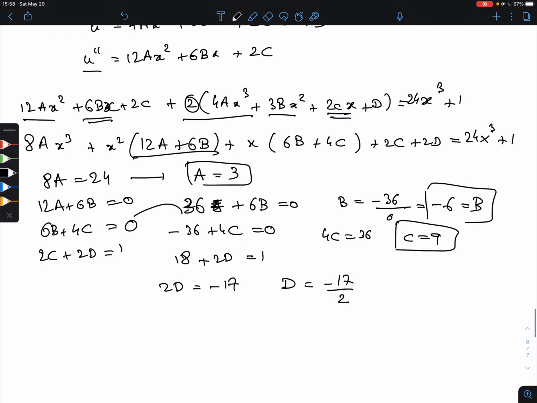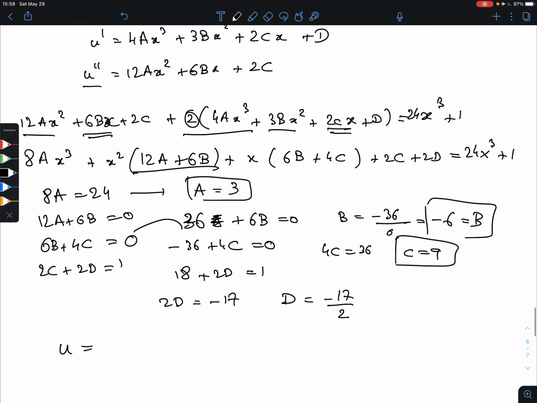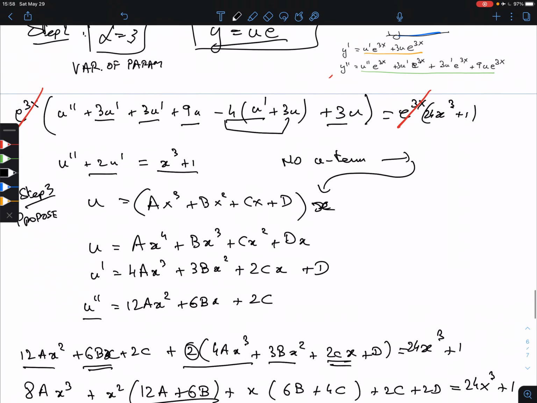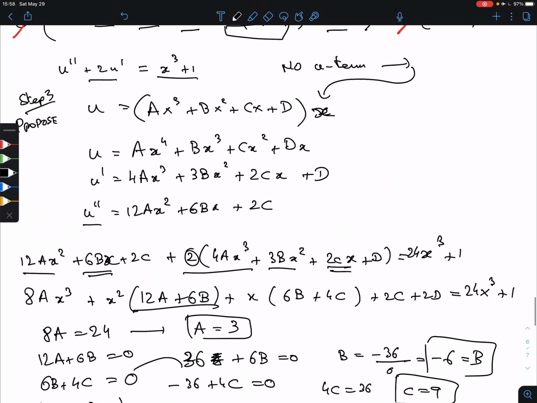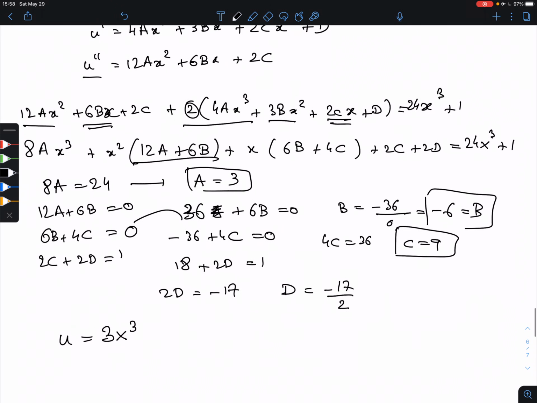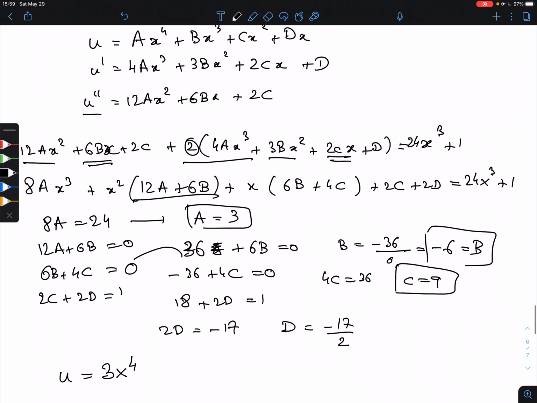So the solution is u equals, a was 3, so 3x cubed. This was the power of, let's see, where is it? Oh no, it's the power of x to the fourth. Be careful. It's the power of x to the fourth. And then plus b was minus 6, so minus 6x cubed.